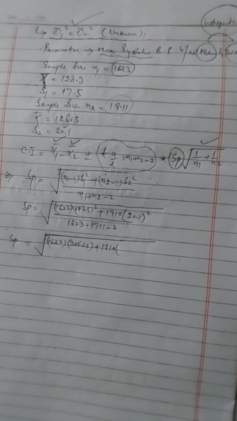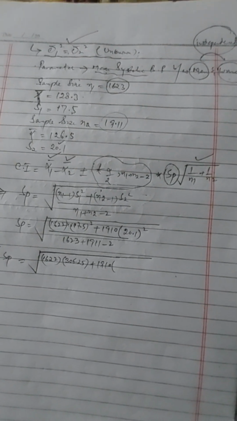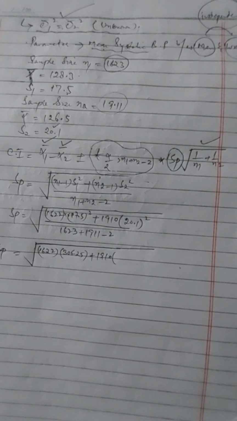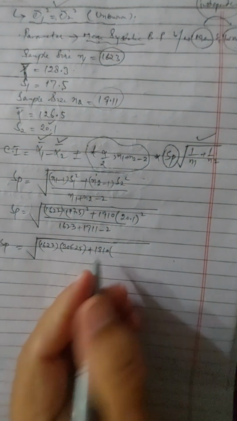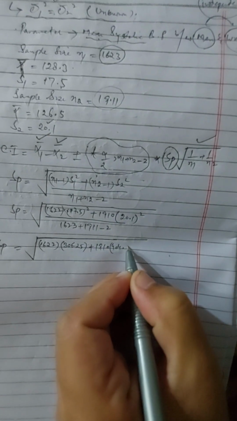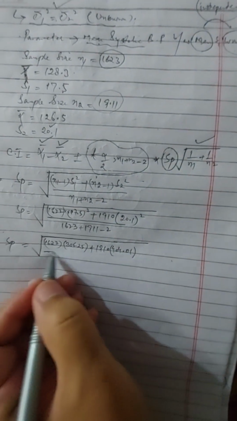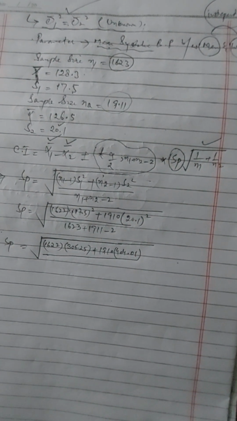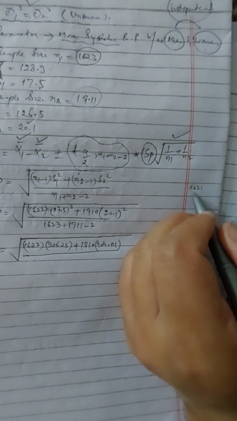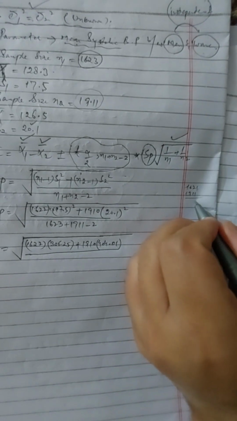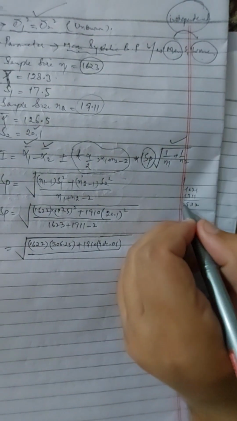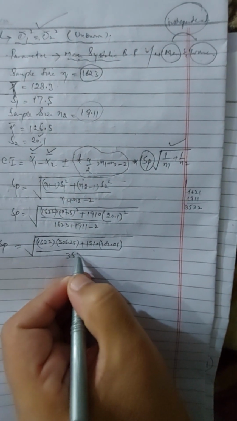Let us calculate it: 404.01, which can be rounded to 404. And 1623 plus 1911 minus 2 gives us 3532.